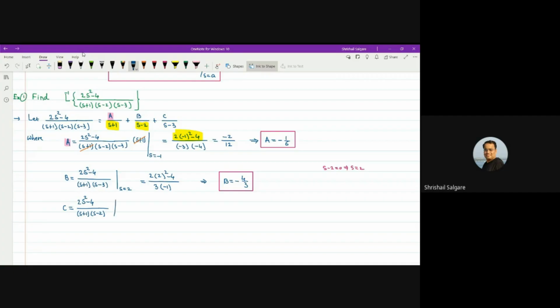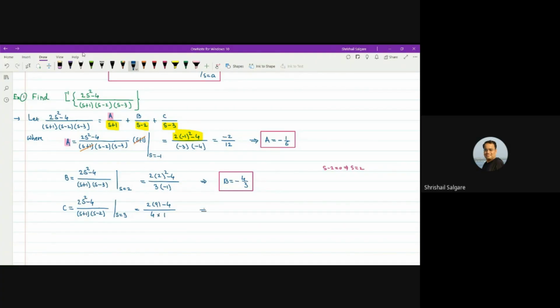And value of this function at s is equal to 3 because in this case the denominator factor is s minus 3. Okay, already calculated some students. So 2 into 3 square, that is 9, minus 4 divided by 3 plus 1 is 4, and 3 minus 2 is 1.